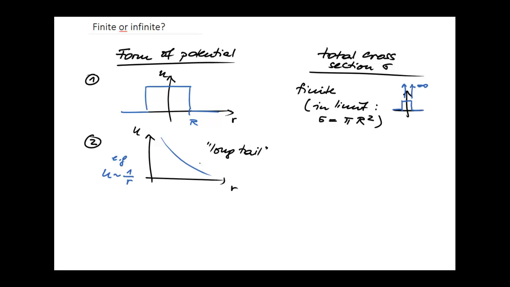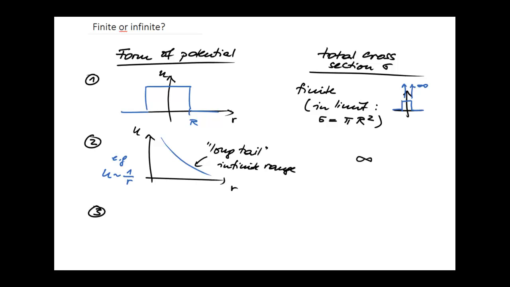So in that sense it is a potential with infinite range, and it goes to zero rather slowly. In that case, the total cross-section will be infinite. You can check that for the Kepler problem. We'll come back to the issue of how you calculate the cross-section, but you can verify that for the Kepler potential, the total cross-section is infinite.